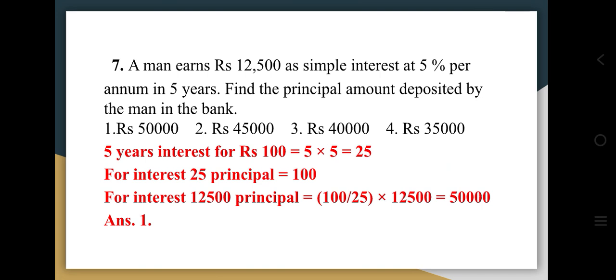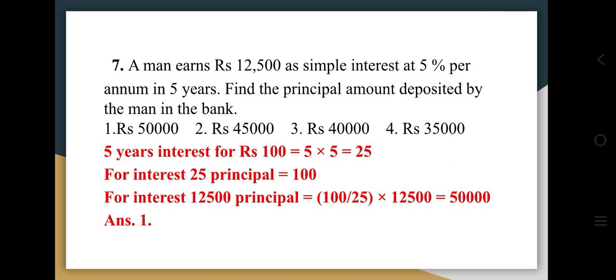So for interest 25, the principal is 100. So 25 corresponds to 100. Interest 25 corresponds to the principal 100. What we want is the principal that corresponds to the interest 12,500.